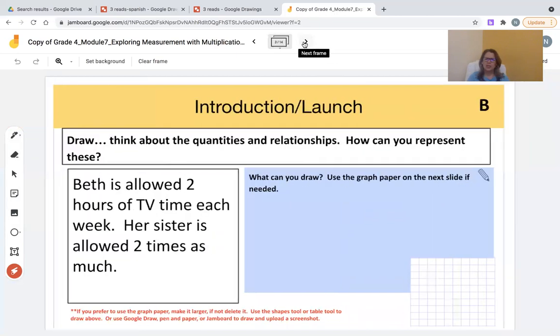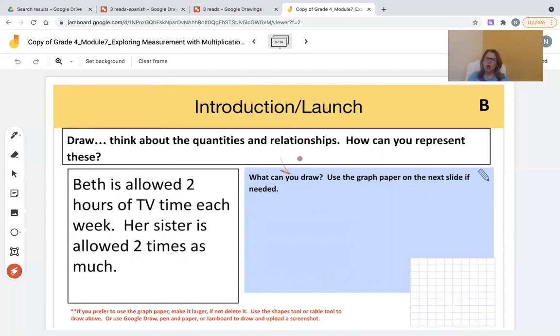Let's continue to the second section of the introduction or launch. Draw. Think about the quantities and relationships. How can you represent these? Beth is allowed 2 hours of TV time each week. Her sister is allowed 2 times as much.